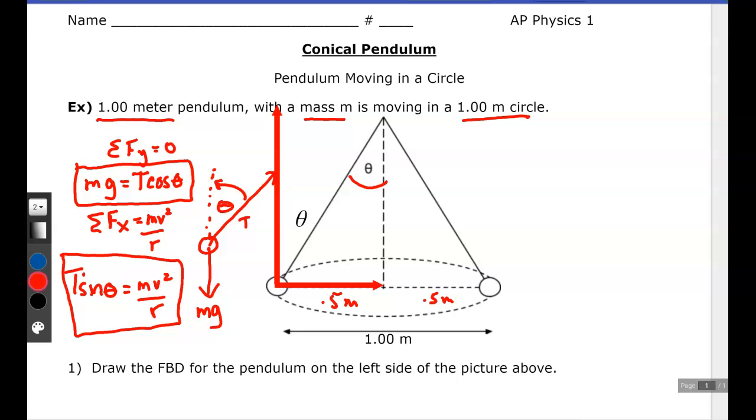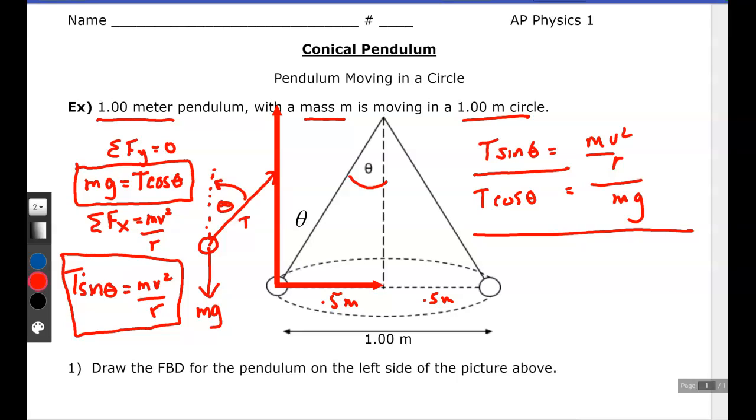Oftentimes when we have sine and cosine, we know that sine over cosine equals tangent. So let's simplify this. Let's pull this equation over here, make it T sine theta equals mv squared over r, and the cosine equation, let's flip it over and make it T cosine theta equals mg. We're dividing the sine equation, in the numerator, by the cosine equation, in the denominator.